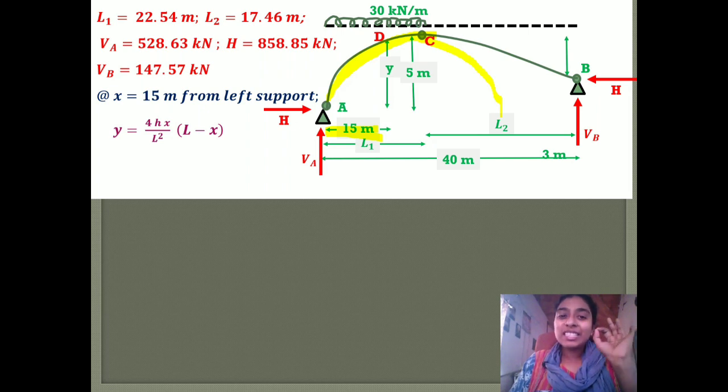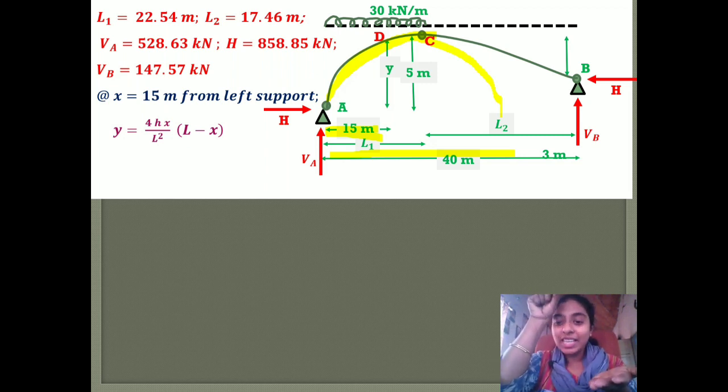If this is the shape of the parabola, then this distance will be L. So L will be equal to 2L1. See, we know the parabolic arch supported at the same level. When the parabolic arch is supported at the same level, the central hinge will be at the center.